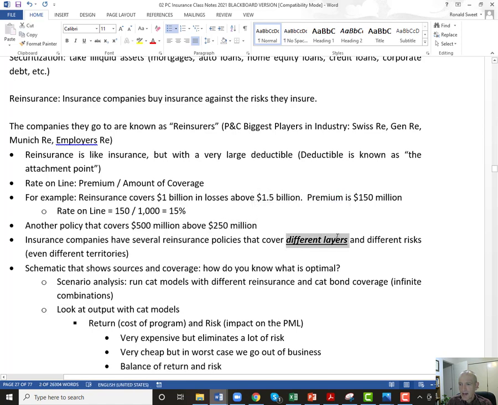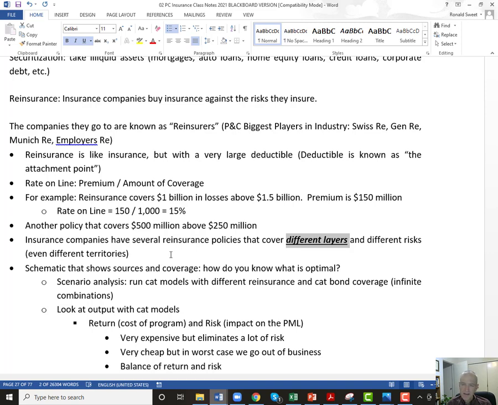And so what you have is different layers for different risks. So you might have hurricane layers, earthquake layers, you may have specific state layers. So Hawaii might have its own reinsurance program, and then you may have another one that's California, another one that's Texas, another one that's Florida. You may have a national one.